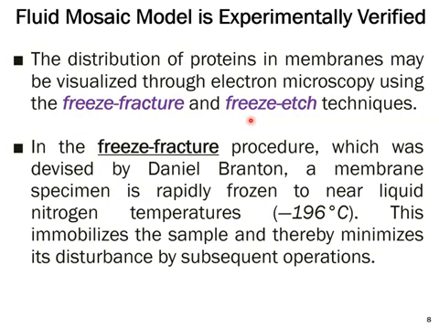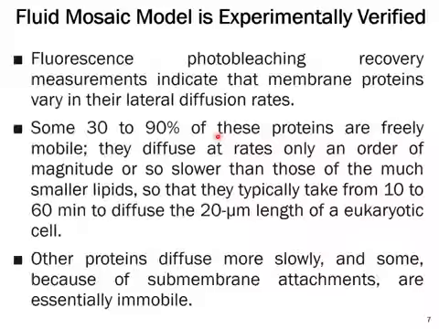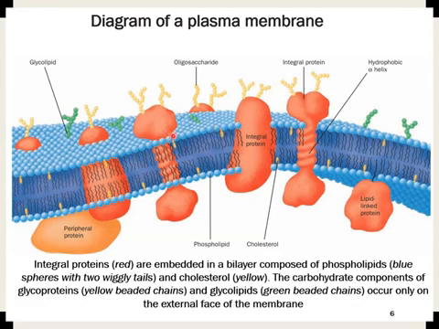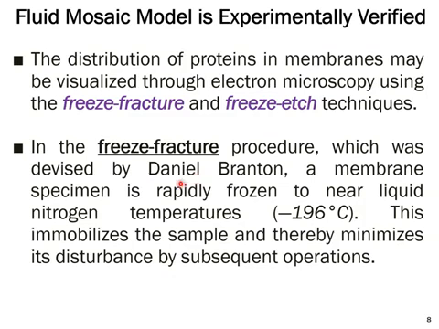These are two techniques through which we can study the structure and confirm the fluid mosaic model of the membrane structure under an electron microscope, and then we can confirm that there are proteins that are protruding out of the membrane, like we have seen in the previous figure, and about this lipid bilayer structure and other molecules as well. So what are these techniques? Let's move to those procedures.